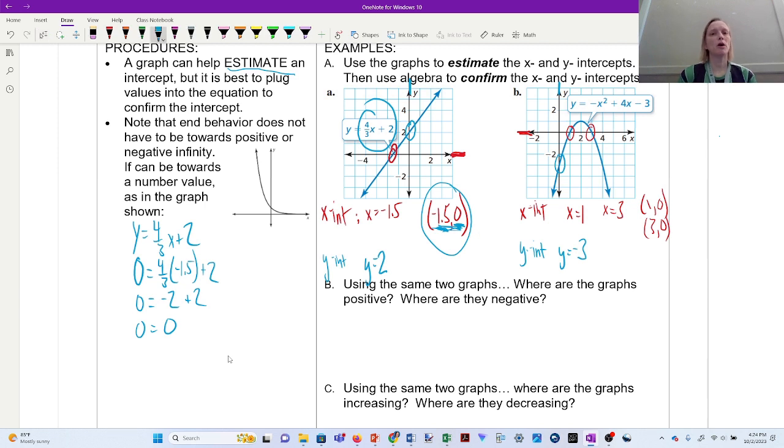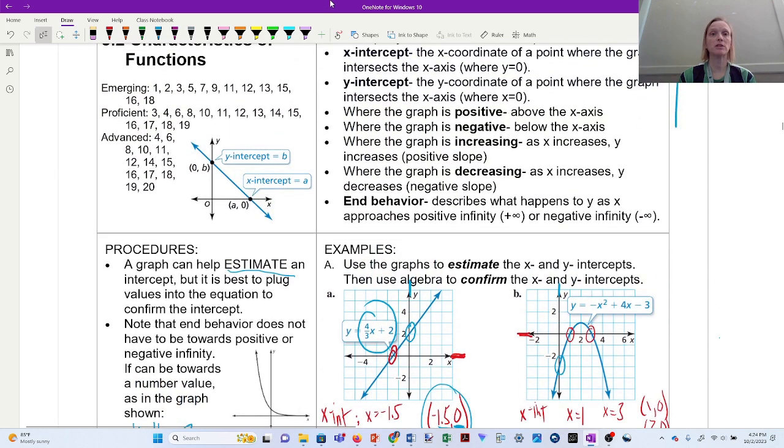The next part, B, asks us to talk about where the graphs are positive and where they are negative. So let's go back up and look at our definitions. Where the graph is positive, that's going to be above the x-axis, and where the graph is negative, that's going to be below the x-axis.